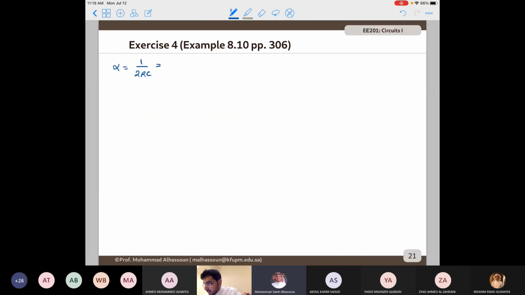In this case, it's going to be 1 over 2... Omega naught, if you solve for it, you'll get... So you notice here alpha is equal to omega naught.